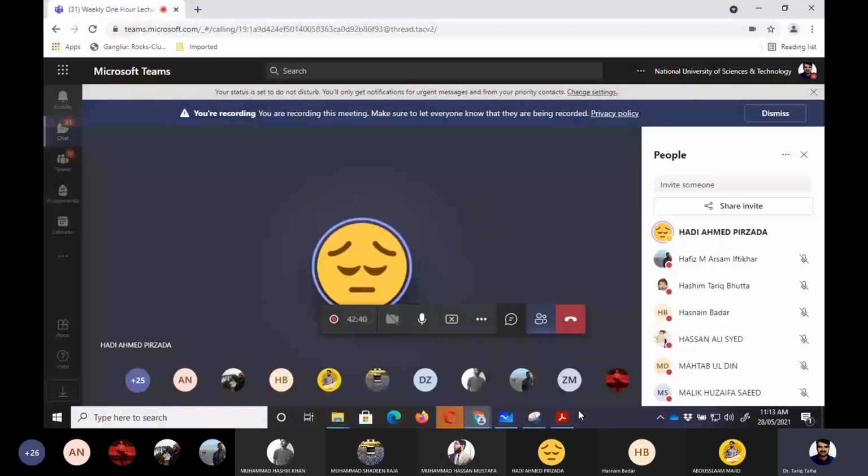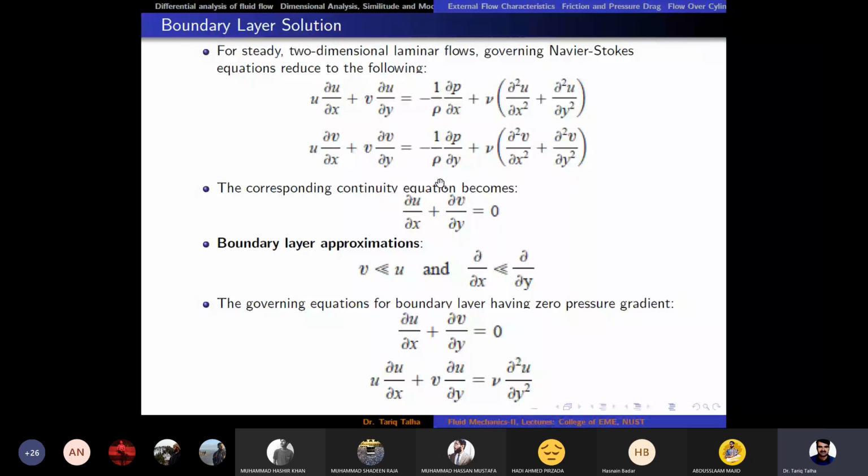Okay, so we were talking about the boundary layer assumption. If we put these two assumptions in the v momentum equation, which is the second equation here, the v velocity is very small and the gradient along x is very small, so the first term, partial v by partial x, would be equal to 0.